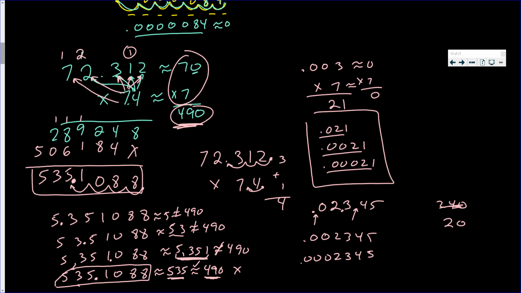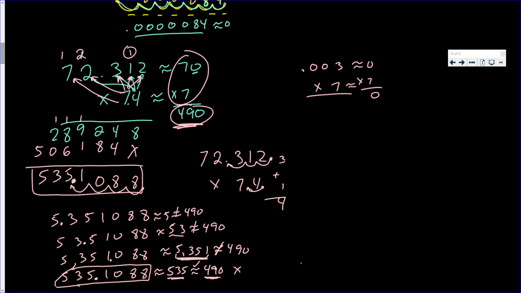Okay, so this problem that I just put up, we have to do this problem, and we'll get an answer near 0. 7 times 3 is 21, carry the 2. 7 times 0 is 0, plus 2 is 2. And 7 times 0, it is up to you whether or not you put the 0.